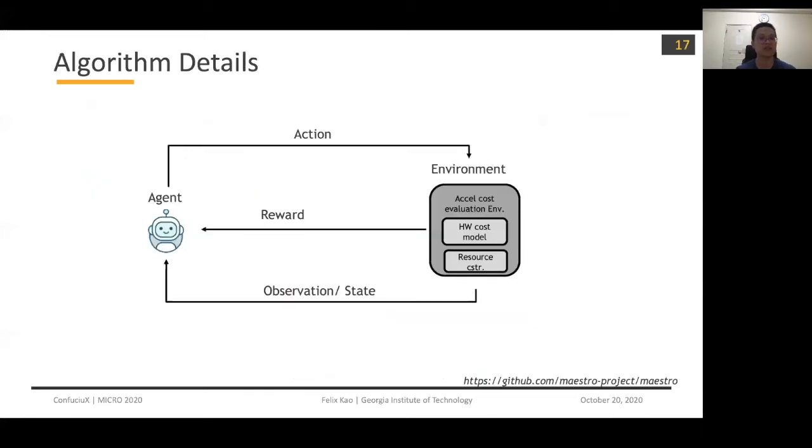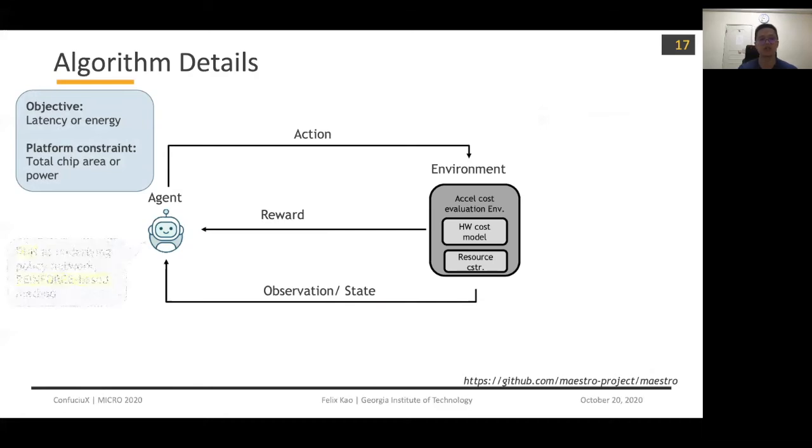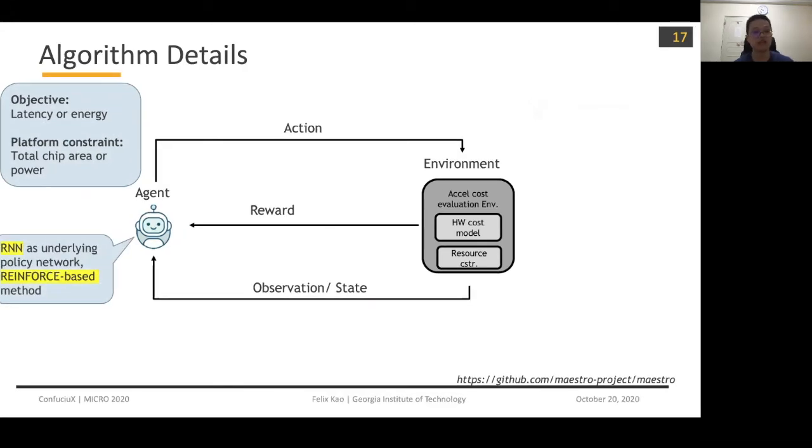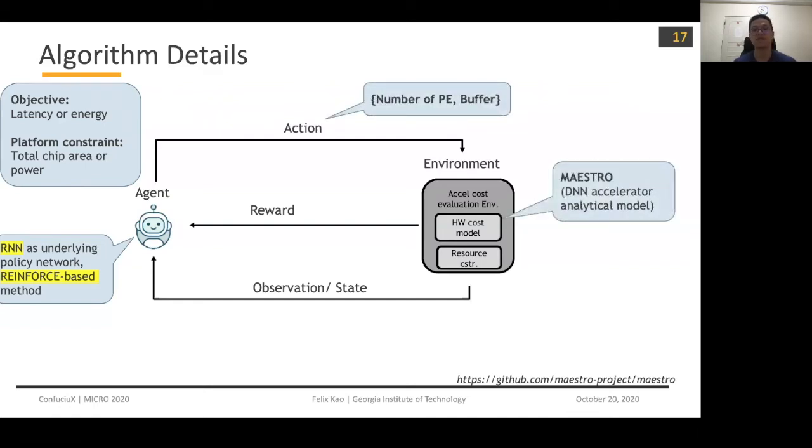Now let's look at the detail. You will have an objective, like latency or energy, and some constraints, like area and power. We have an agent whose policy network is an RNN-based network, and we use a REINFORCE-based method to learn it. Our action is the number of PEs or buffer. Our environment includes a hardware cost model, and we use MAESTRO, which is an open-source DNN accelerator analytical model.